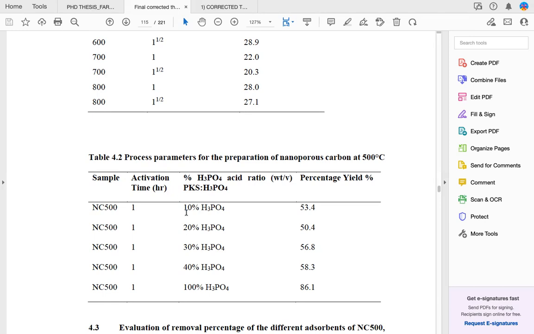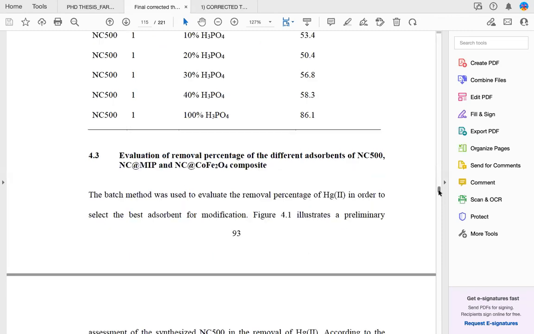Again, how are you going to explain that you have NC 500 with 10%, NC 500 with 20%? Those are skills that you need to explain first to the reader: this material one is what? NC 500, 10%, NC 500, 20%.